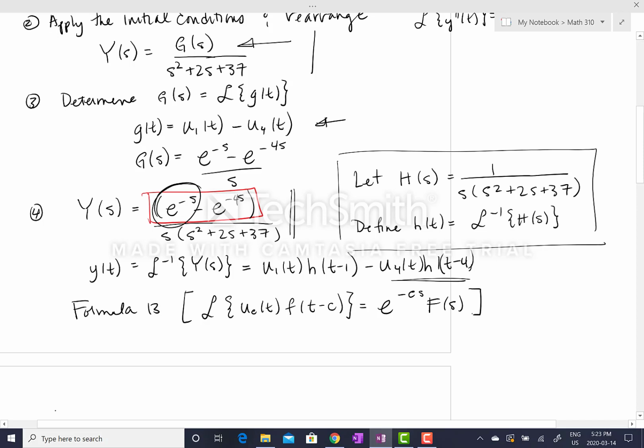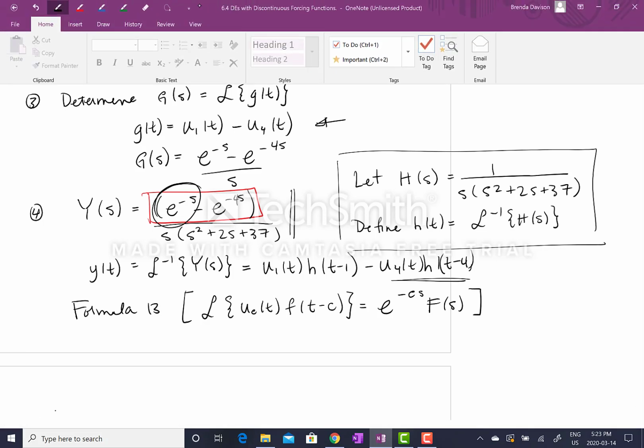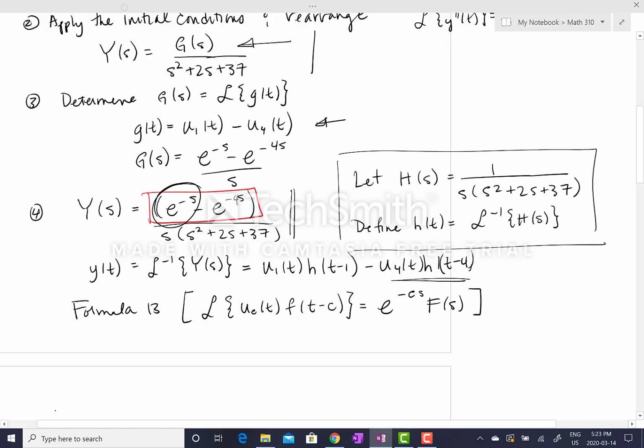What I have just done is use it in the backwards direction. I am recognizing that I have something like this, and I'm going to go backwards this way. So it's important to be able to use the table to your advantage as you try to find these things out.